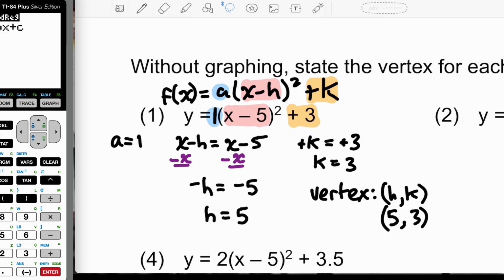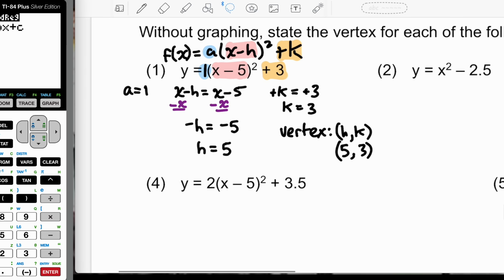The issue with that approach is that if there's a coefficient in front of the x inside the parentheses, it wouldn't be in vertex form, and that's the basis of a trick question. So you just have to be careful about little things like that. I could look at number 4 directly and say my vertex is going to be 5, 3.5. Take the opposite sign of the thing in the parentheses, keep the sign of the thing outside the parentheses as the add-on, and that would be your vertex.